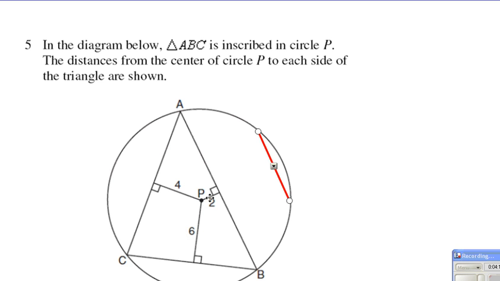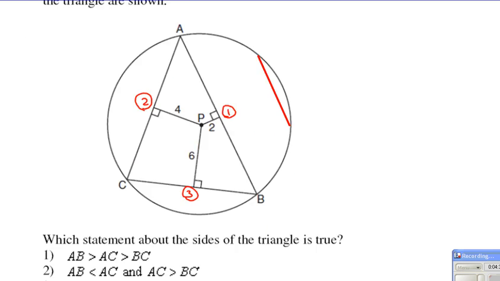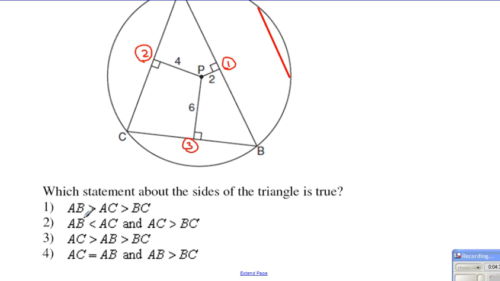In other words, closer the chord is to the center, longer the chord is. That makes AB the longest, and then second one should be AC, and third one should be BC. Now, then I believe the choice becomes number 1. There it goes.